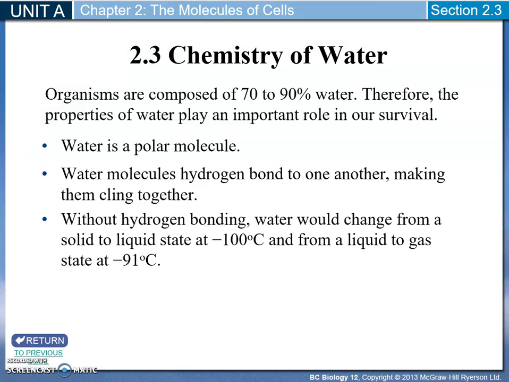Water would change from a solid to a liquid state at minus 100 degrees C instead of the 0 degrees C which it currently does, and from a liquid to a gas at minus 91 degrees Celsius, as opposed to the plus 100 degrees Celsius which it does because of hydrogen bonding.